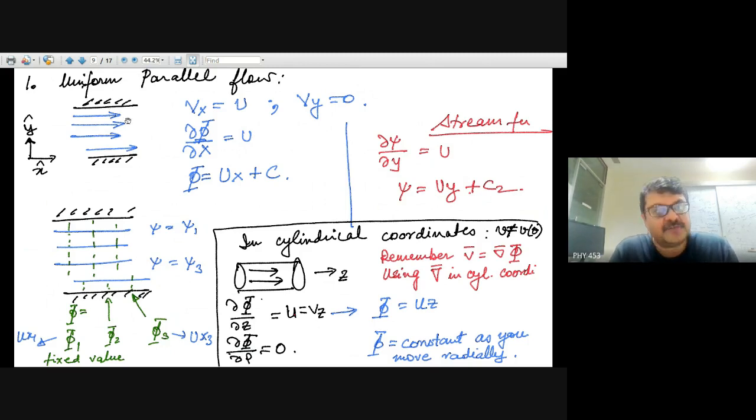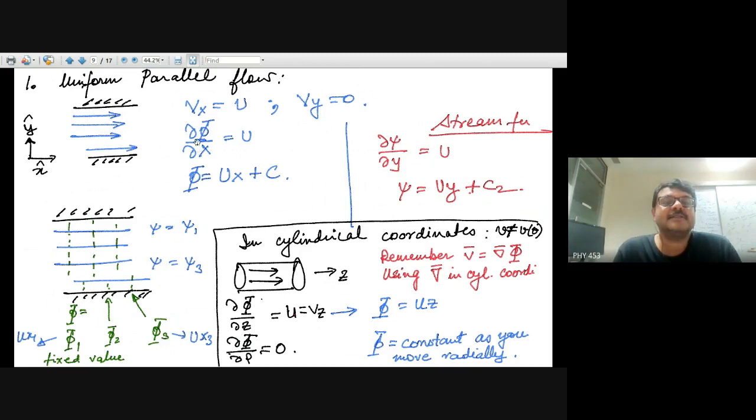But we are looking at inviscid flows, the Euler equation, and as a consequence, you can have infinite velocity gradient at the boundary. So the entire flow is moving with finite velocity, and in this case Vy equal to 0.